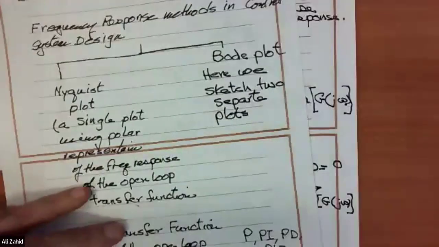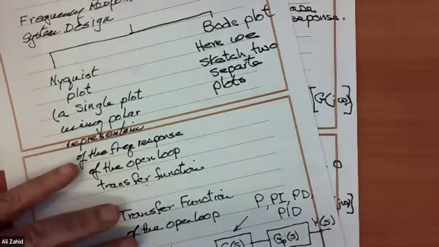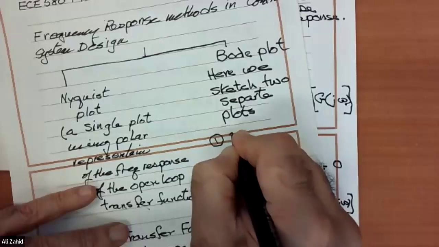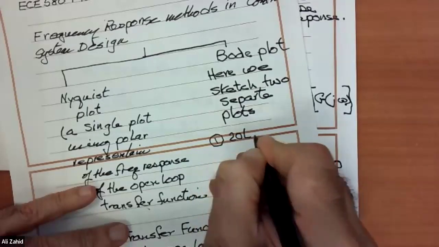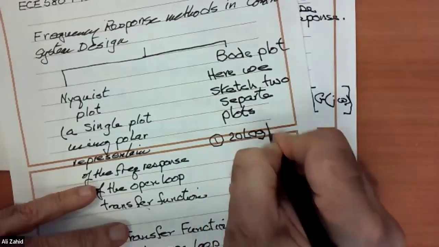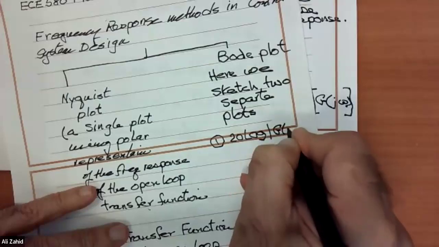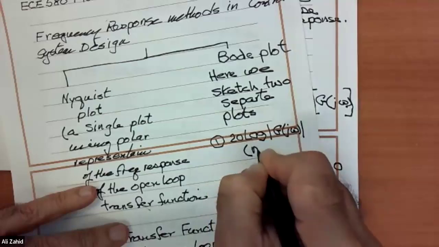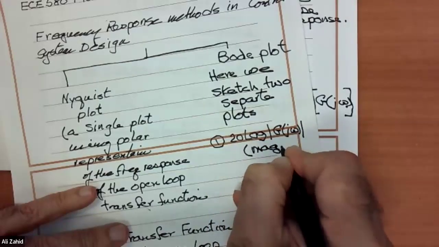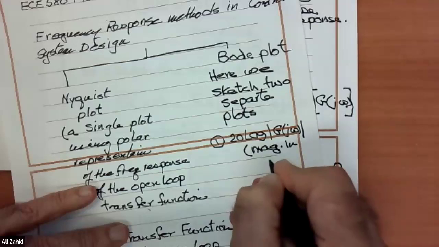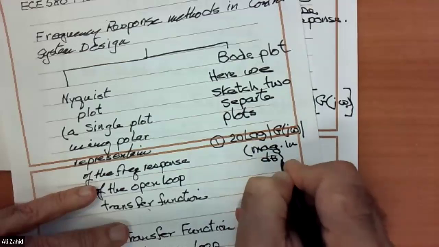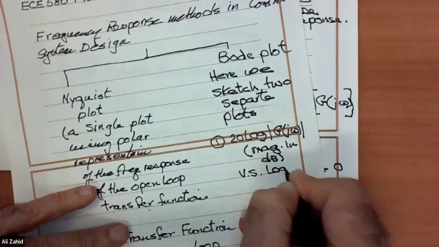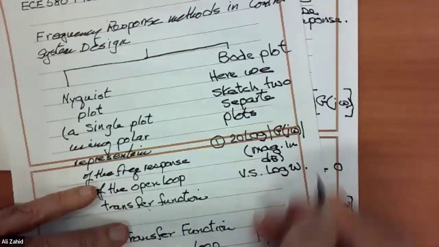In Bode, I need to sketch two separate plots. The first one is 20 log absolute value of G(j omega), which is the magnitude. This is the magnitude in dB versus log of omega.